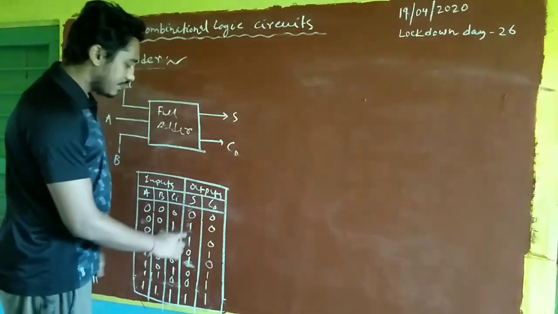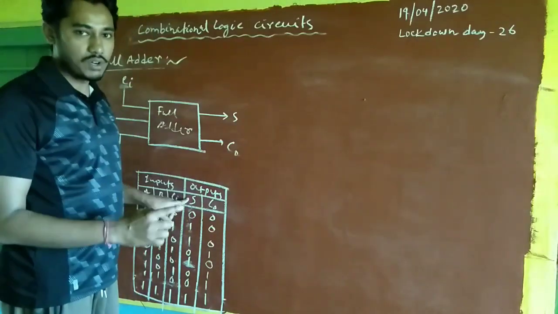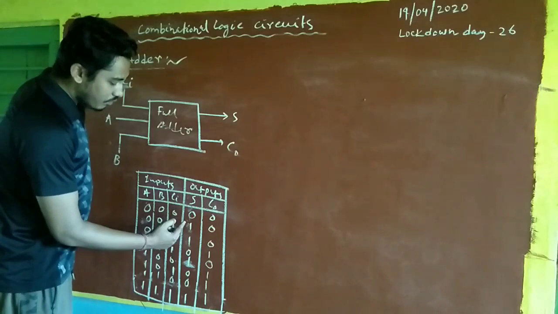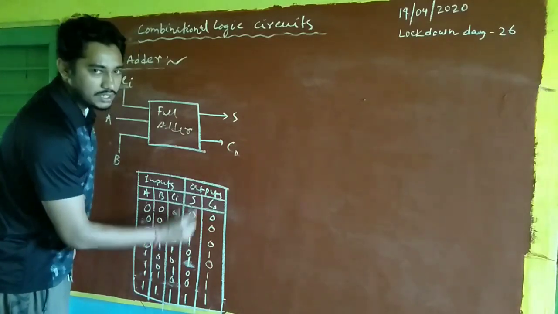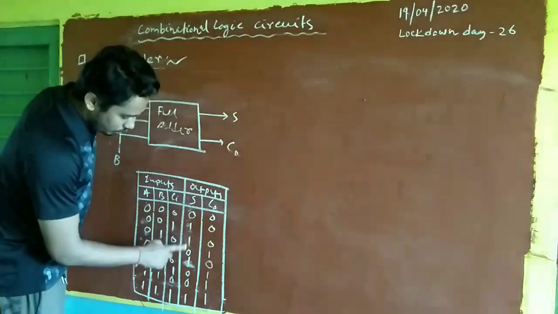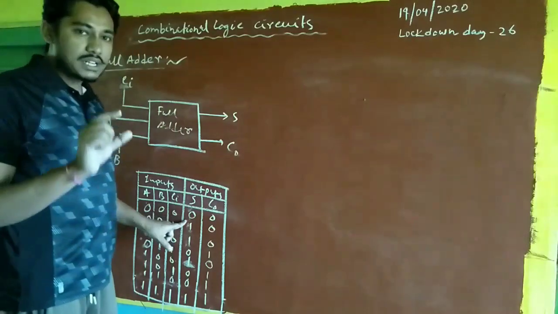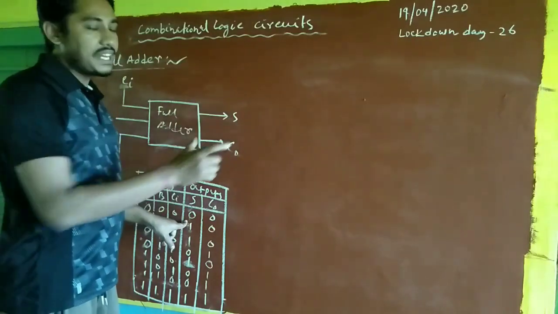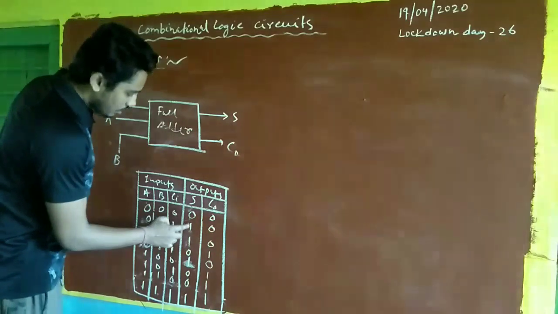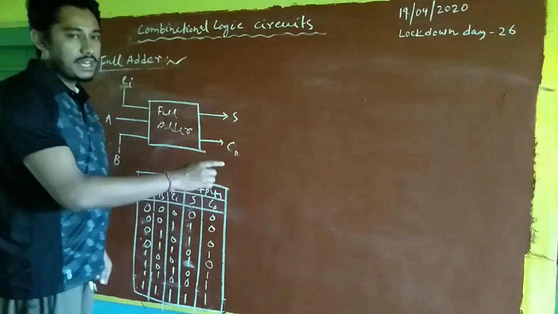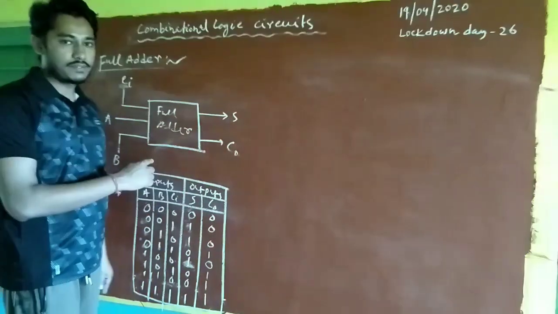This is how we can get the logic expression for the sum output. First we'll check how many ones are there in this column of the sum output: 1, 2, 3, 4. So how many product terms will be there? Because we are representing in terms of sum of products, the total 4 product terms will be there in the expression of S.